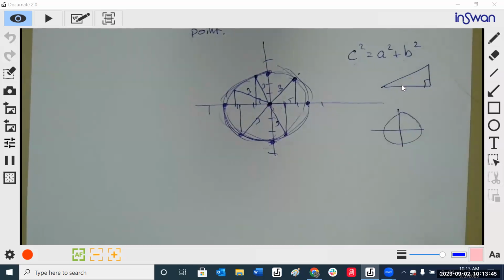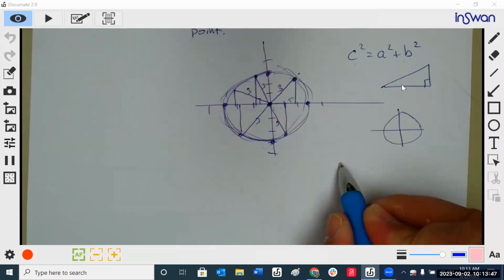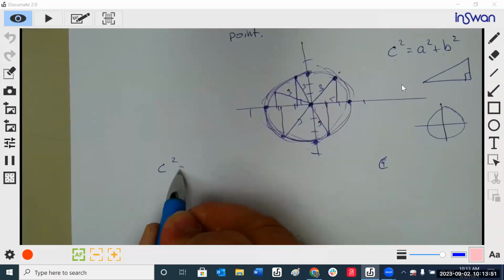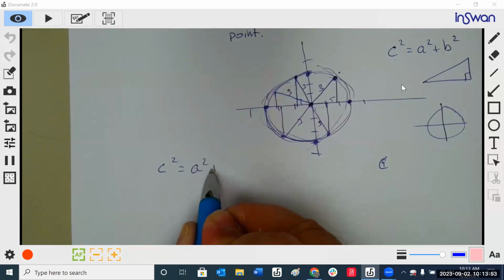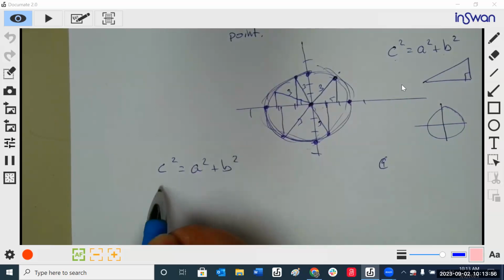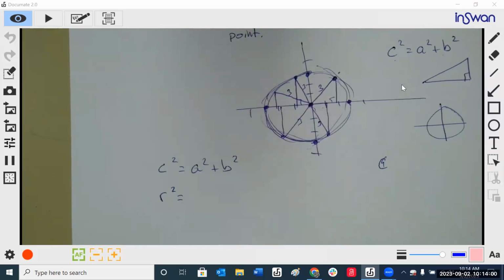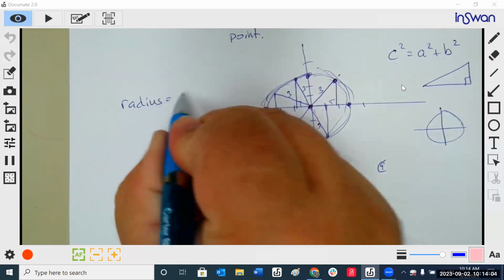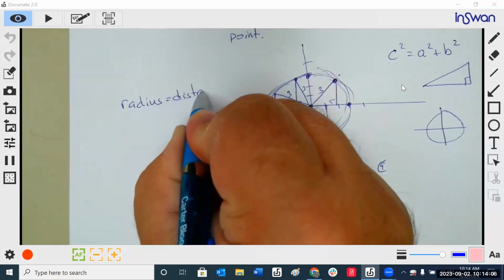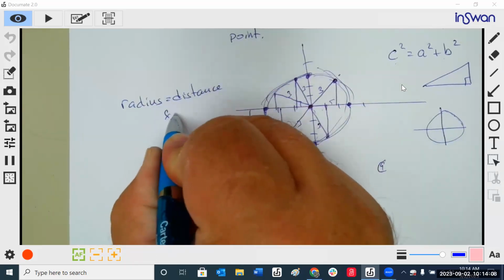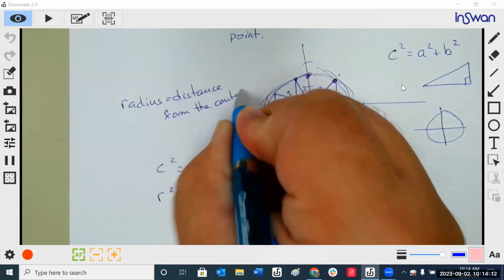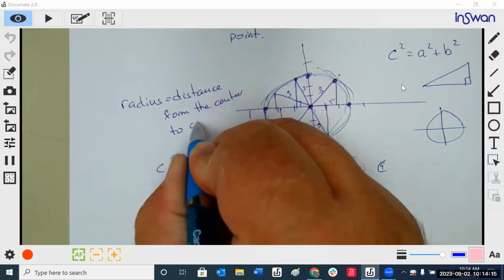So what we have to do here, we call the hypotenuse the radius, because the radius equals the distance from the center to the circle.